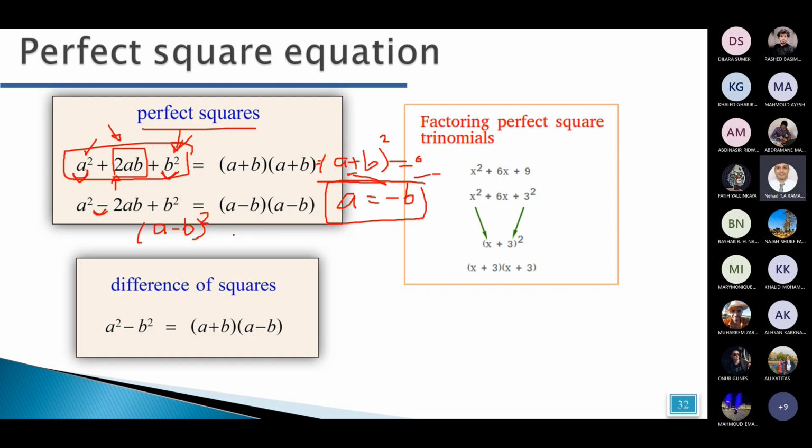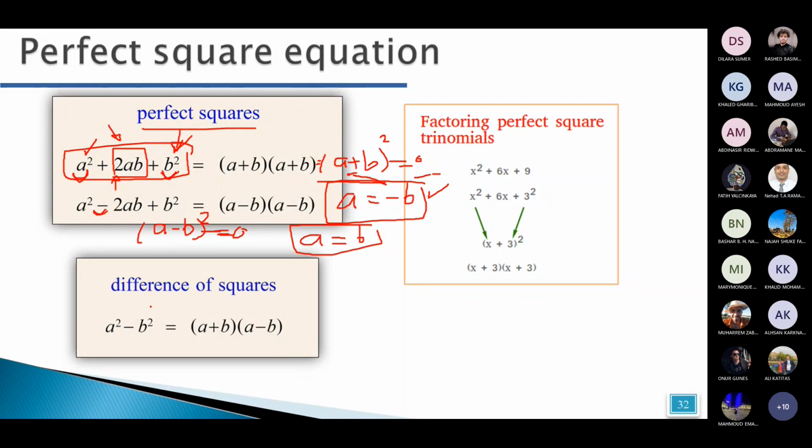So this means the solution is, when this equals 0, a equals b. So this is the solution for the perfect square, a equals minus b, and the solution for the difference of perfect square is a equals b, and so on.